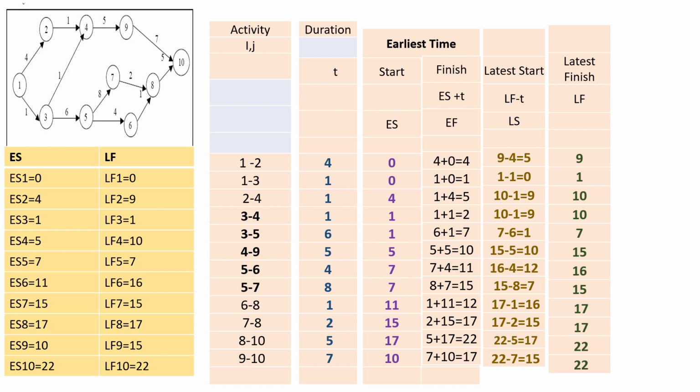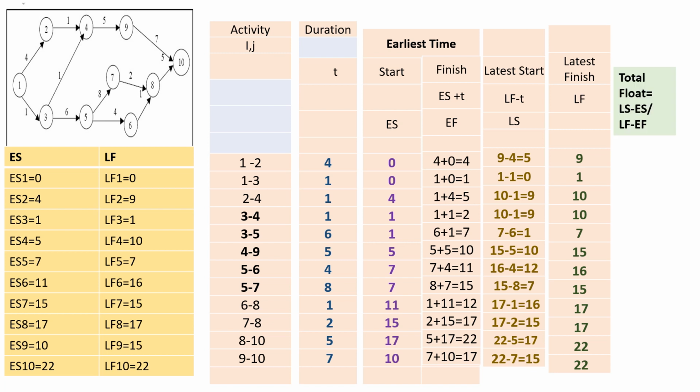For activity 1 to 3, LF is 1, T is 1, so LS is 1 minus 1 equals 0. For activity 2 to 4, LF is 10, T is 1, so LS is 10 minus 1 equals 9. And in the same way, you calculate LS for all other activities.